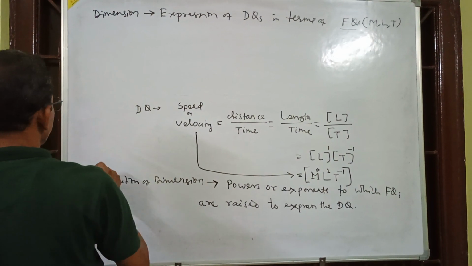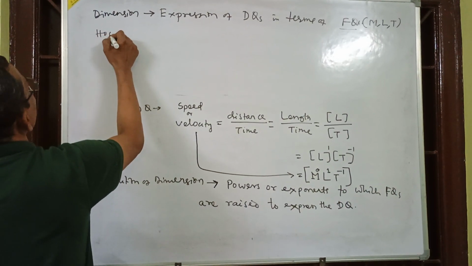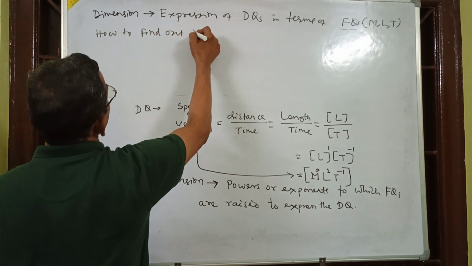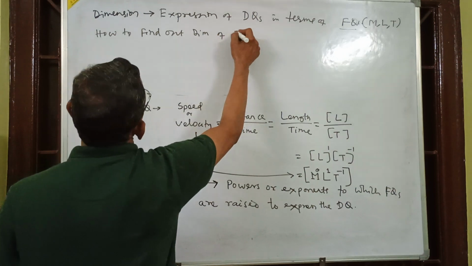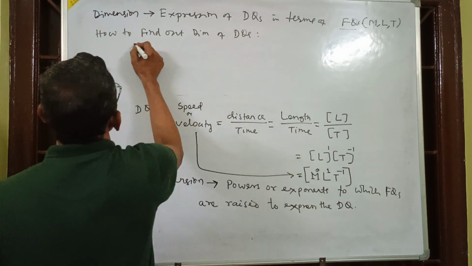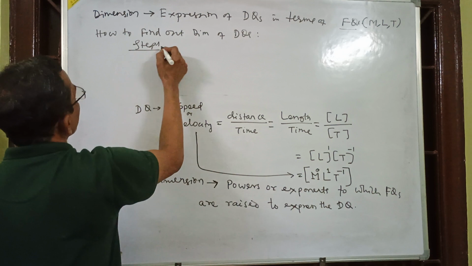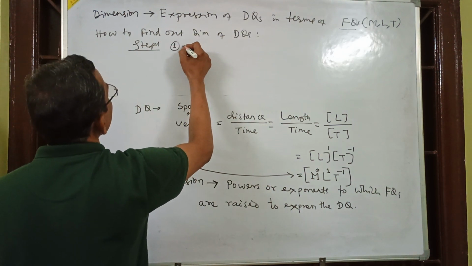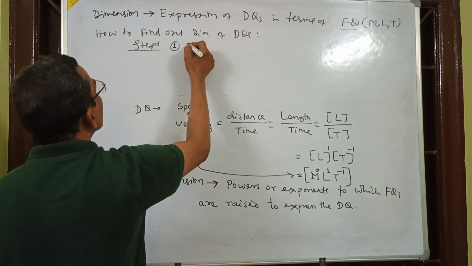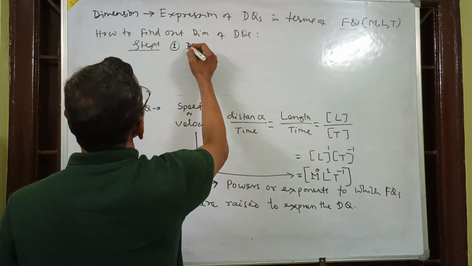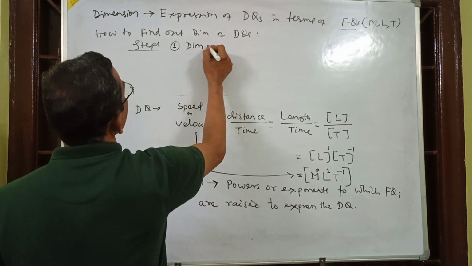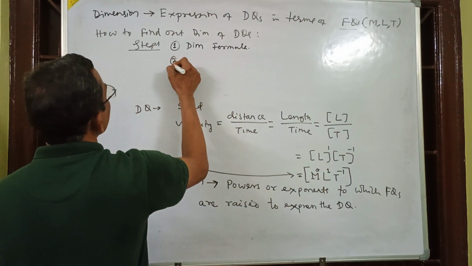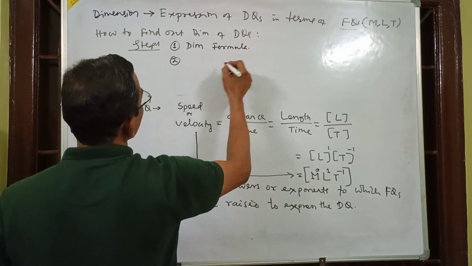How to find out? The next question is how to find the dimension of derived quantities. Step number 1, we need to find the dimension formula. Then equate this dimension formula.